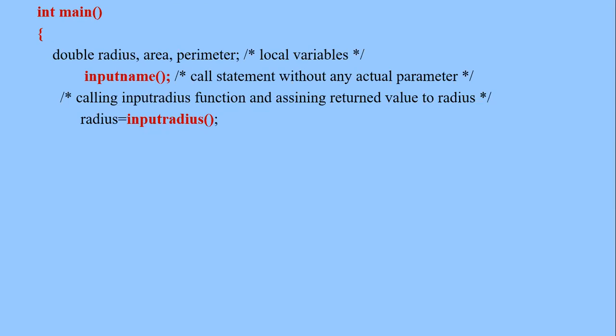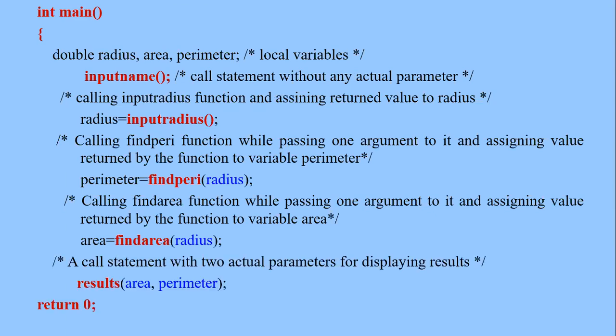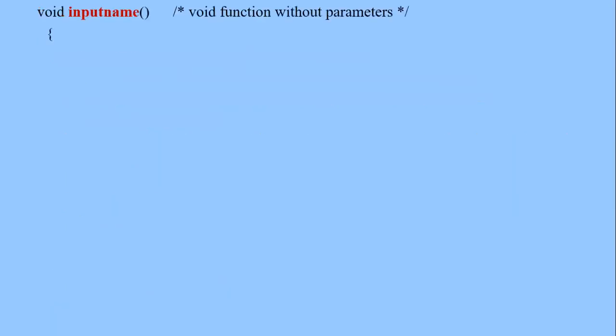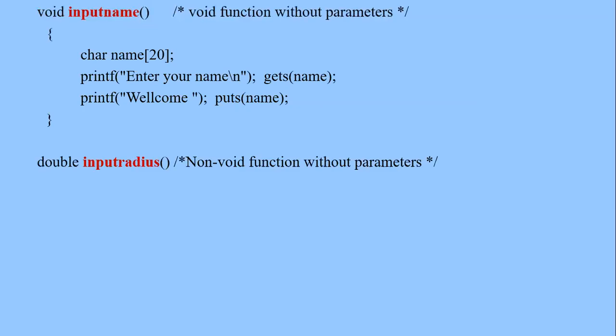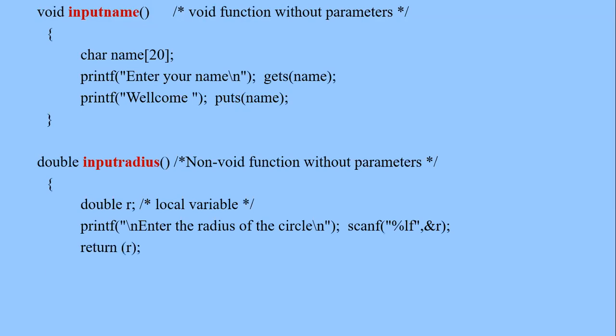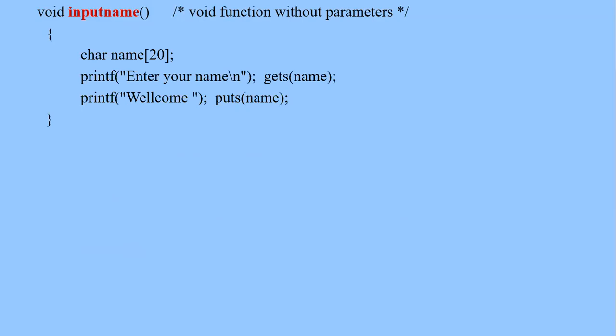So the control will be taken back out of the main function all the way to where that function is. So the function is here, input radius. It is not receiving any parameters, but it is going to return a value of type double. So it will execute these statements and return that value to the calling statement of the caller.